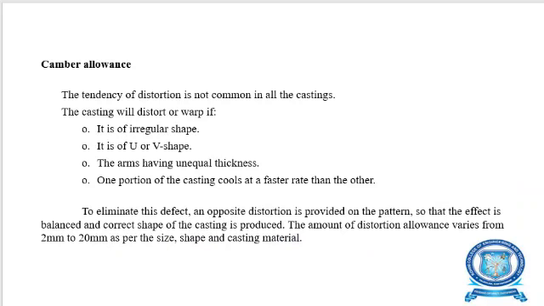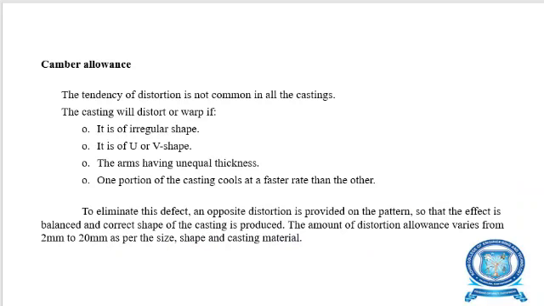The camber allowance. The tendency of distortion is not common in all castings. The casting will distort or warp if it is of irregular shape. Mostly it is of U or V shape, with arms having unequal thickness. One portion of the casting cools at a faster rate than the other.